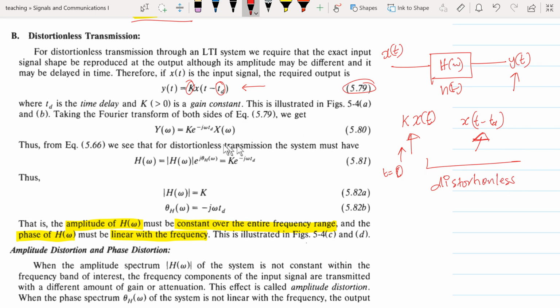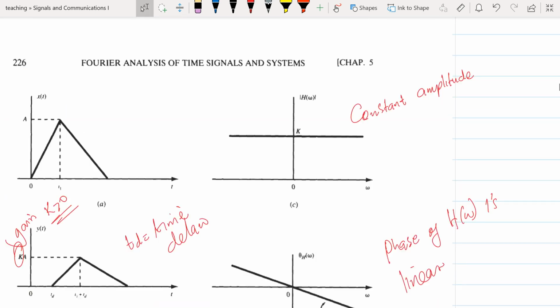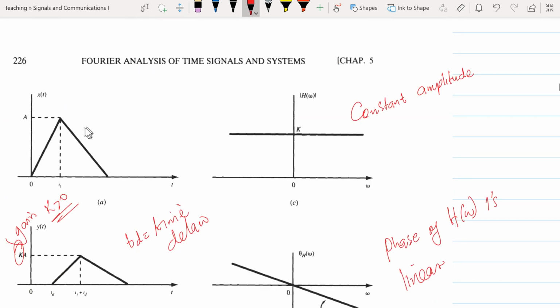Figures 5.4a and 5b illustrate a system that can introduce a change in gain or a delay in the signal. Here this is our input signal x of t, and the output is y of t. This signal may be reduced or increased by a factor k.